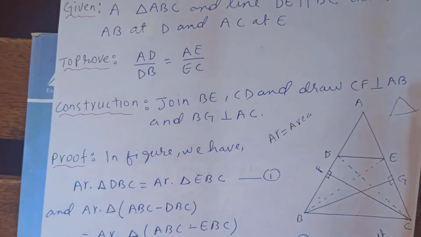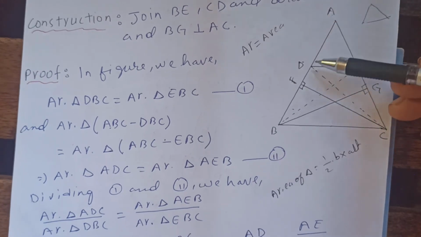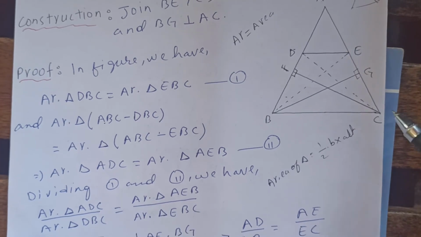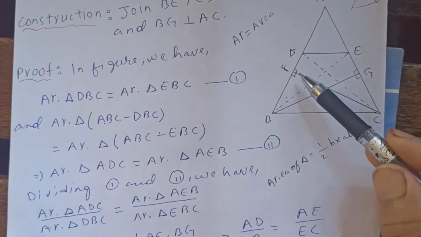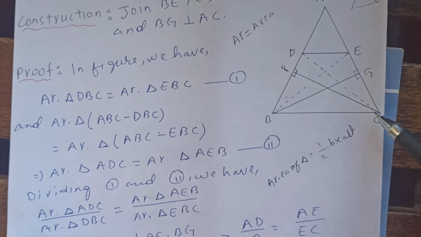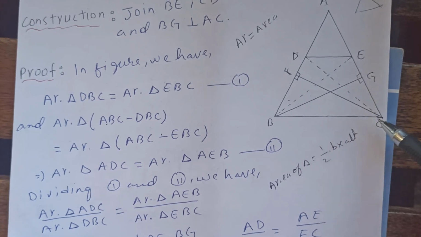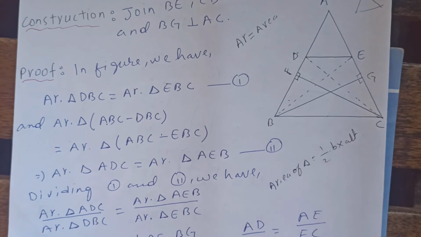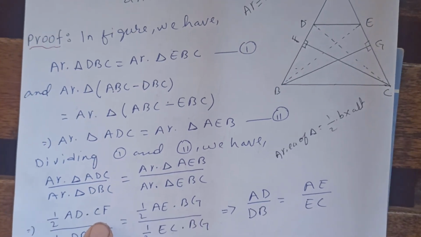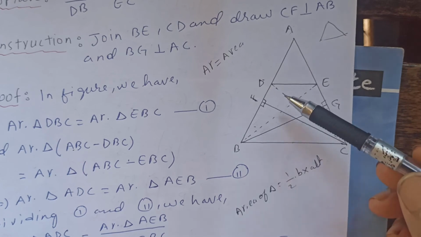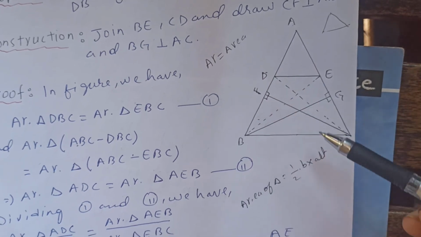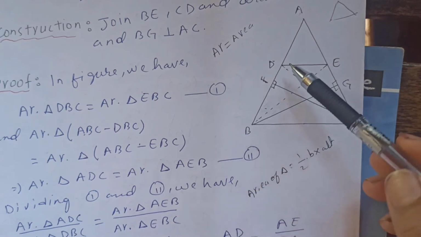So we have to take AD as the base, and what will be the perpendicular distance or altitude? It will be CF. CF will be the perpendicular distance, or altitude. And the area of triangle DBC, where is DBC? This small triangle, I have to take the base as DB.